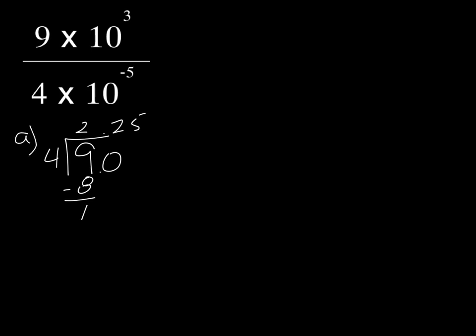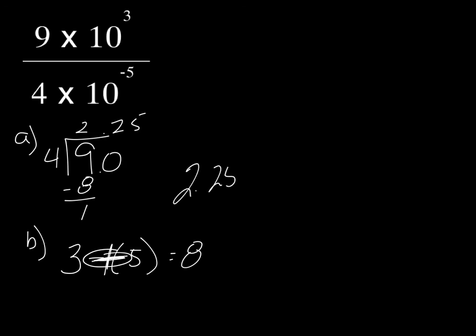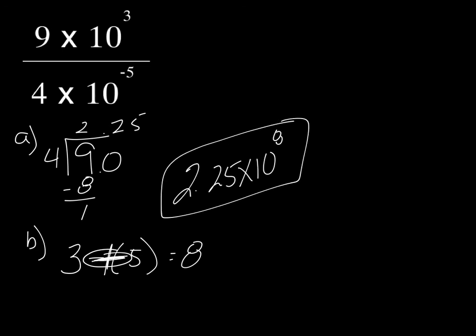So this was our part A. Part B, we're going to take our powers, and here's where you got to be careful. We're going to have 3 and say the word minus -5, because right here gives us a positive. So we really have to the power of 8. So our final answer for this one is 2.25 times 10 to the 8th power, and yes, our coefficient is between 1 and 9.